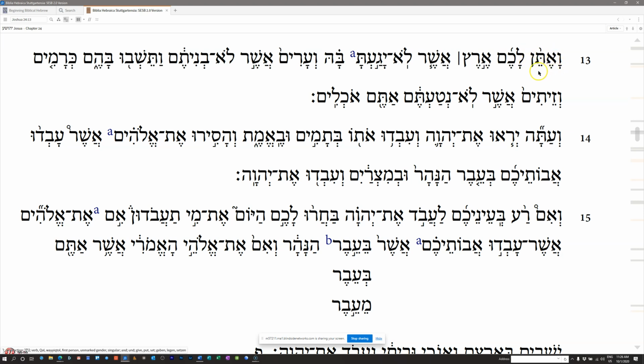So what it's going to do is use the opposite conjugation of what it would normally use. So here we've got imperfect. That would usually describe future time. With this particular particle on the front, this actually now describes past time. So instead of I will give, we're going to translate this I have given. Lachem, this is lamed preposition with chem, you. I have given to you a land.